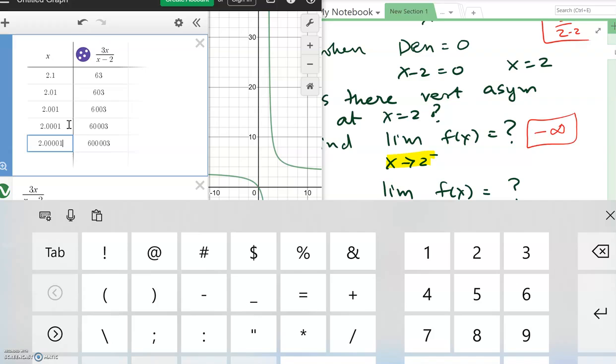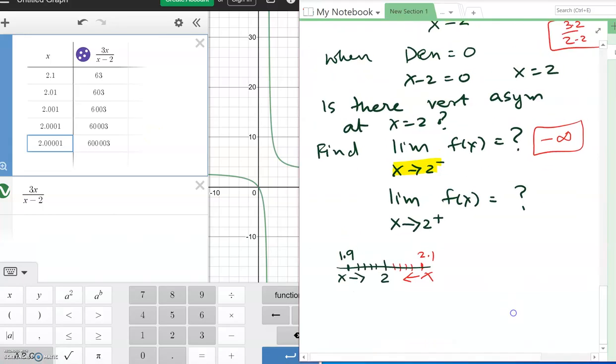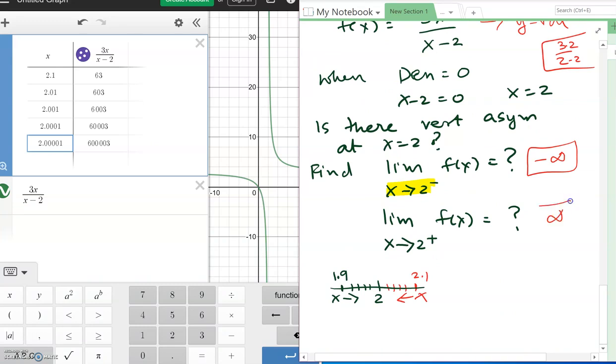It's becoming a very large number, the y value is growing as x approaches 2. So this whole thing will become positive infinity. The graph itself will look like this. If you have 2 here, on the left side of 2 the graph shoots down, it goes to negative infinity, and on the right side it goes to positive infinity. So this is the vertical asymptote situation. So there is a vertical asymptote at x equal to 2.